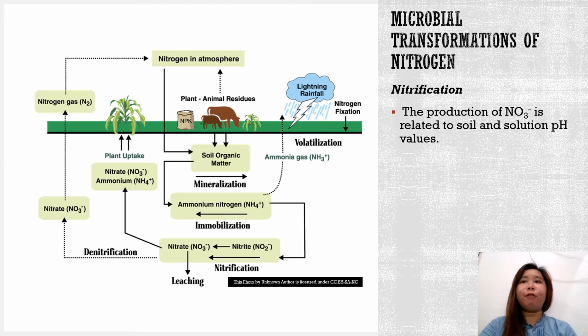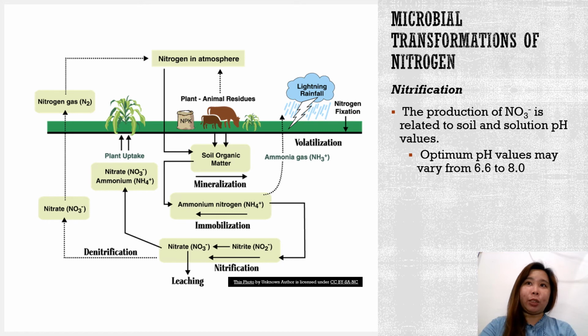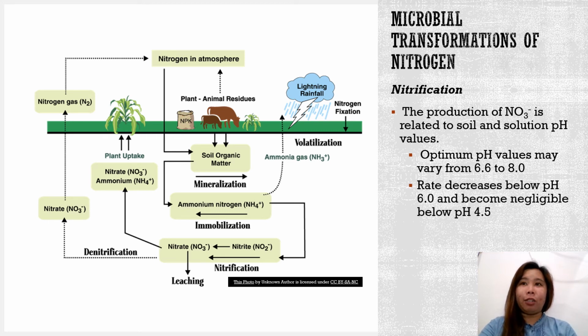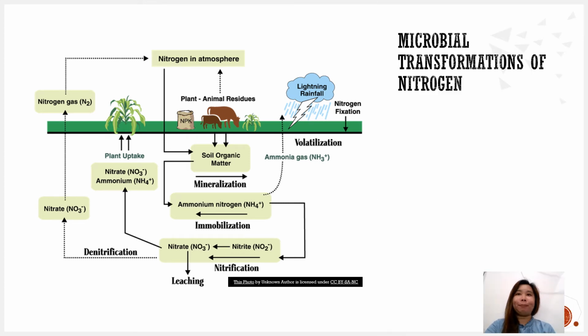The production of nitrate is related to soil and solution pH values. The optimum pH values vary from 6.6 to 8, and the rate decreases below 6 and becomes negligible below pH 4.5.